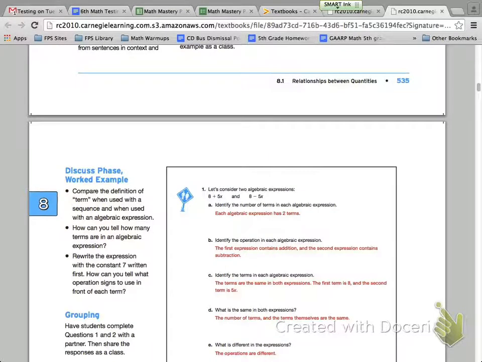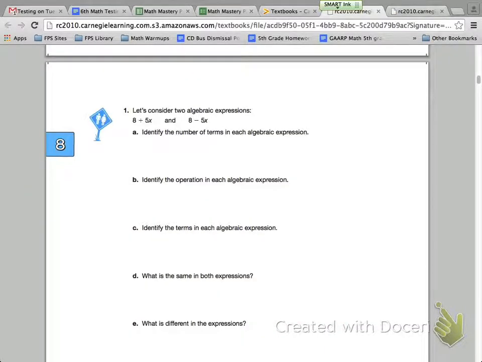So then if we take a look at the next page, and I just switch back to your page so you can focus on this, let's consider two algebraic expressions, 8 plus 5x and 8 minus 5x. So it says, for letter A, identify the number of terms in each algebraic expression.